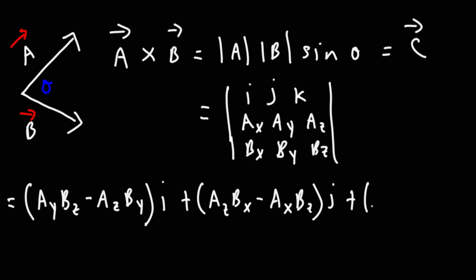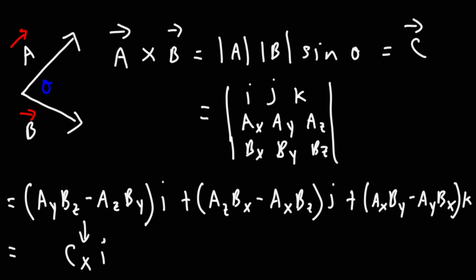And then we're going to take the x component of A multiplied by the y component of B minus the y component of A times the x component of B, and this will give us the z component of C. So just to recap, this part will be the x component of C. Let's use a different color.